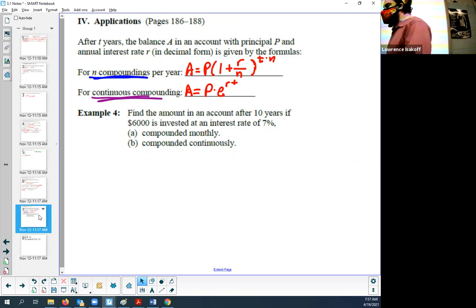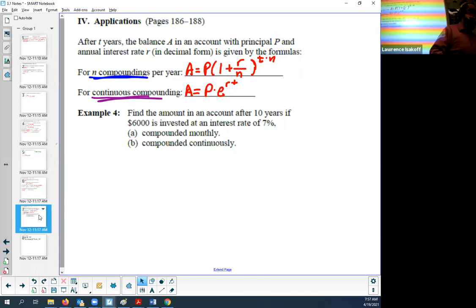Now, one thing that happens in the world is the idea of continuous interest. So continuously compounding interest follows the following formula. Amount is equal to principal times e to the rt. So the idea of continually compounding interest says the entire time it's sitting there, it's just gaining that interest.